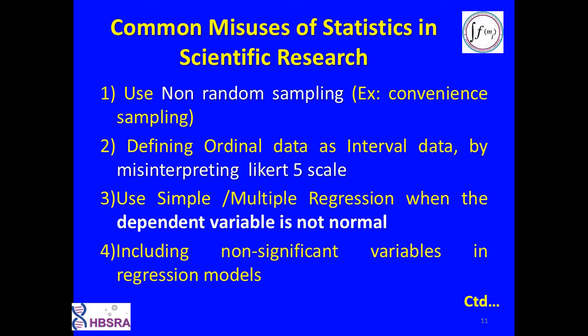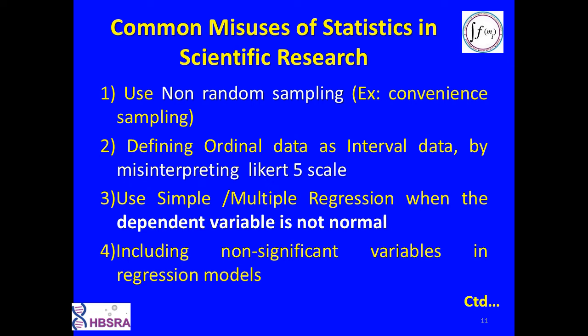According to statisticians across the world, these are the common mistakes. First, using non-random sampling techniques, especially convenience sampling in research. That is the biggest problem. Secondly, misinterpreting the measurement scales.